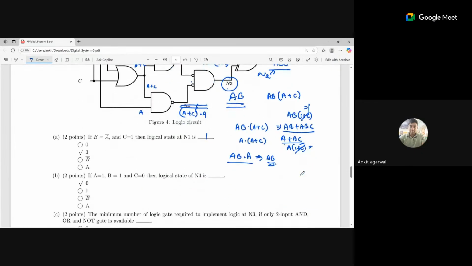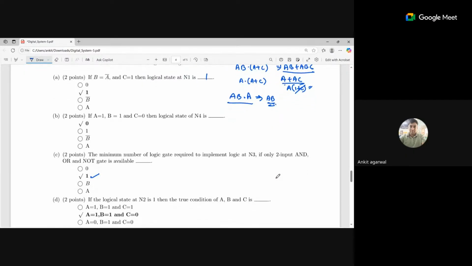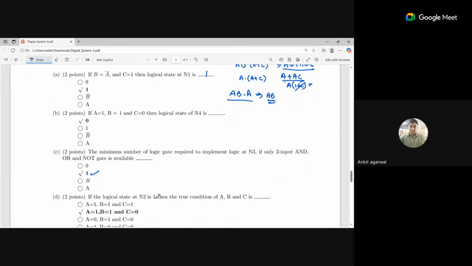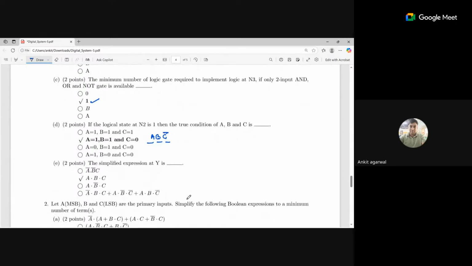Now the condition they are asking is the logical state of N2 is 1. So we got A, B, C bar. So A is 1, B is 1 and C is 0. Similarly we can find the expression.